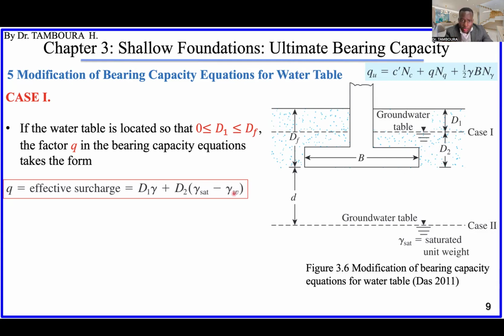That's why here we have to use gamma sat, the saturated unit weight of the soil here. You have to take that minus the unit weight of water and multiply it by the thickness of this layer. Then you have the contribution of this layer. Okay, so D1 and D2.